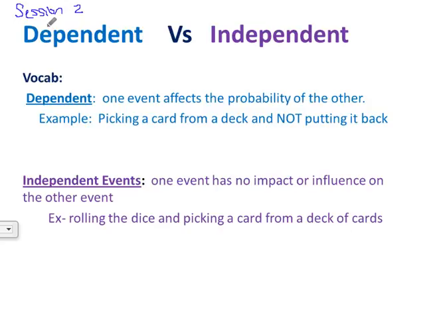So dependent. When we're talking about dependent probability, we are looking at one event that affects the probability of another event. An example of that would be picking a card from a deck of cards and not putting that card back, and then finding the probability of something else.